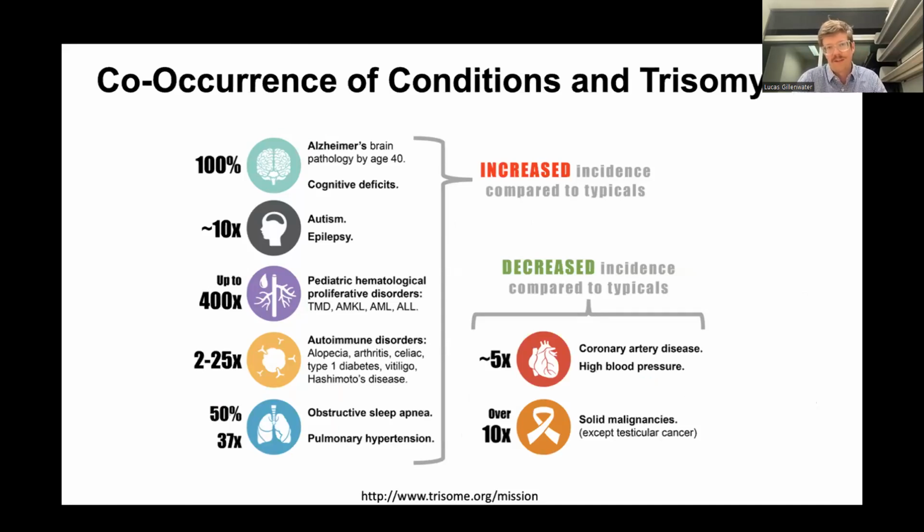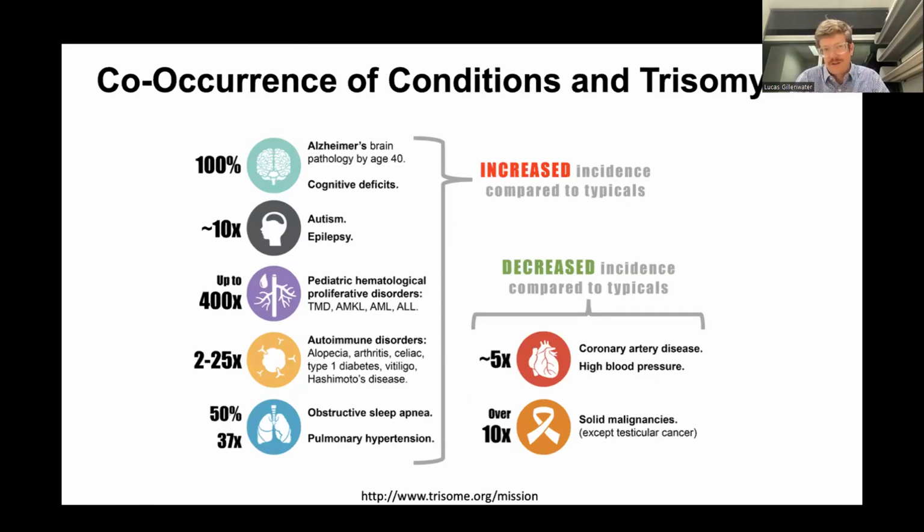If someone has Down syndrome, they're almost 100% likely to develop Alzheimer's by a certain age. And those who develop Alzheimer's develop it at an earlier age than we would see in those who have 2 copies of chromosome 21.